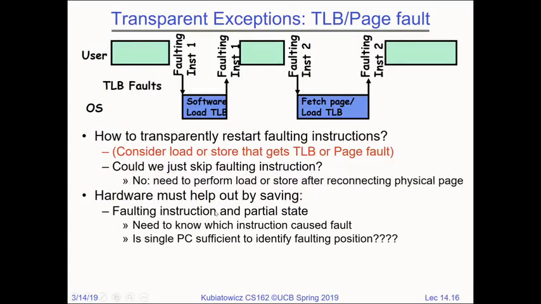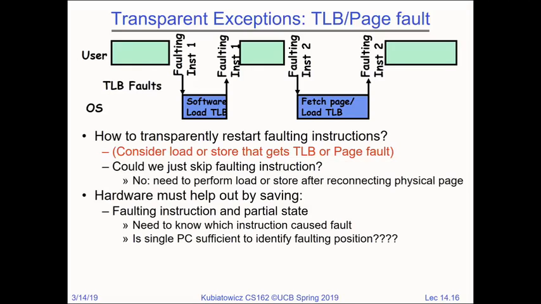It has to tell us what the faulting instruction was, partial state of the pipeline, all the stuff we need to restart back here again after we've cleaned up the page table and the TLB. So that the fault happened, we clean everything up. When we start executing it again, the fault doesn't happen the second time and the program keeps going as if nothing happened. That's our goal.